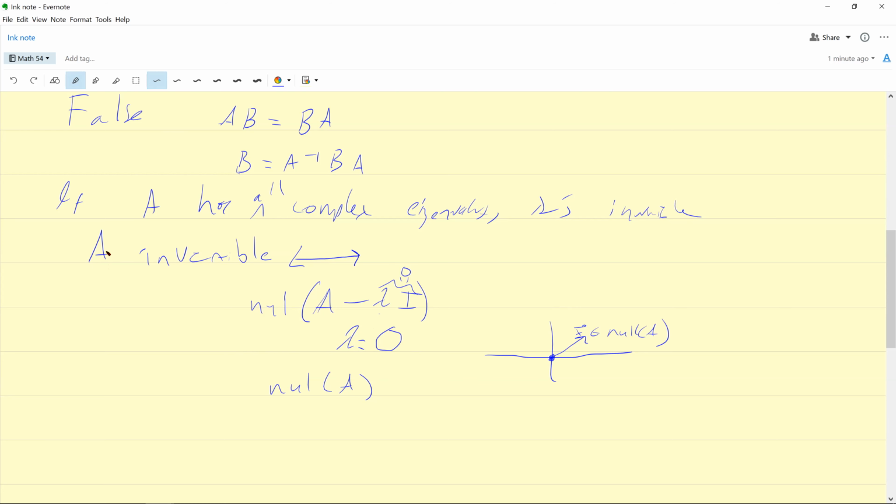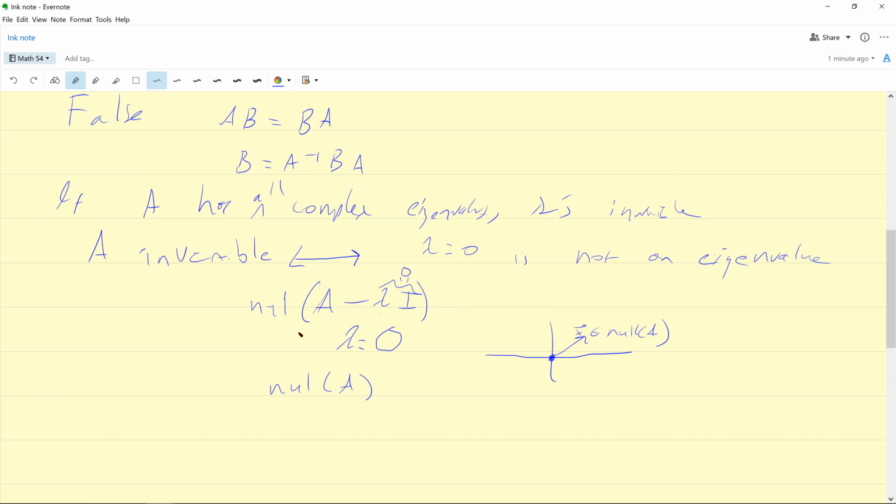In contrast, if it is invertible, that means that 0 is not an eigenvalue. Does that make sense?